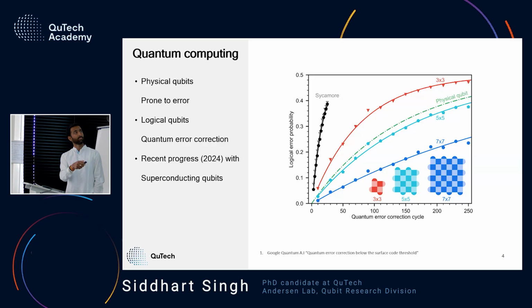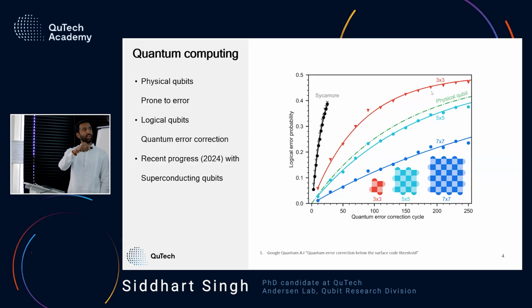So here is a graph from their paper where they show logical error probability on the y-axis, and then quantum error correction cycle on the x-axis, which is a representation of time. So as you go forward in time, you basically increase the errors on the system. And let's say your logical qubit is encoded in the 3 cross 3 system, you basically increase the errors as you go ahead in time.